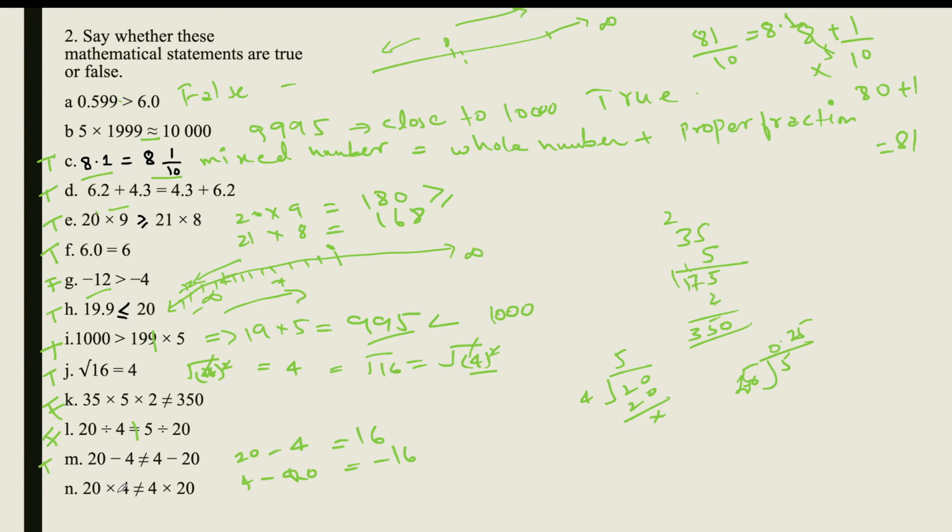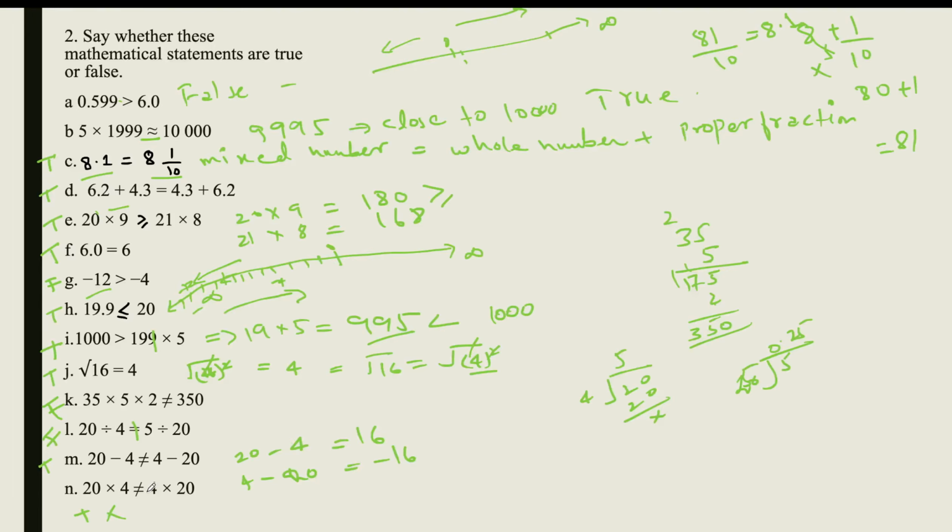The last part mentions that 20 multiplied by 4 is not equal to 4 multiplied by 20. In here the commutative property of addition and multiplication: in both of them, for addition and multiplication, the order does not matter, but for subtraction the order does matter.